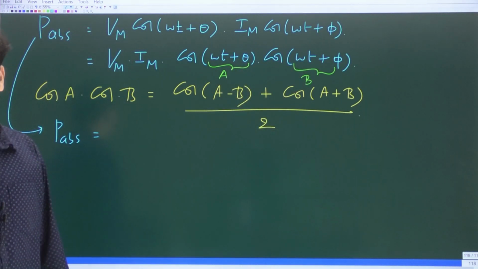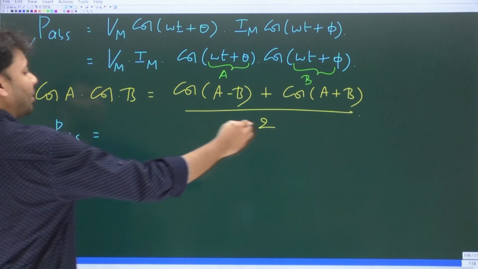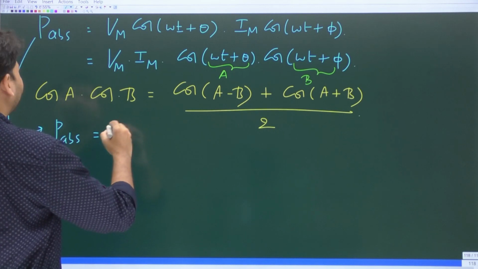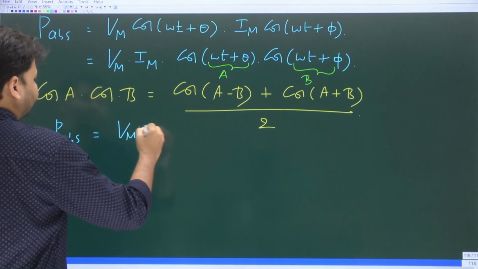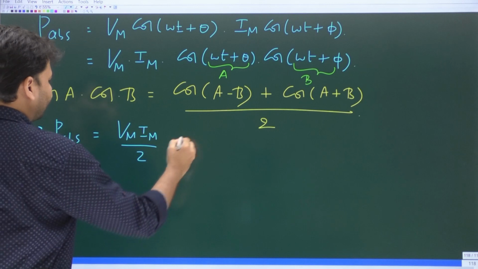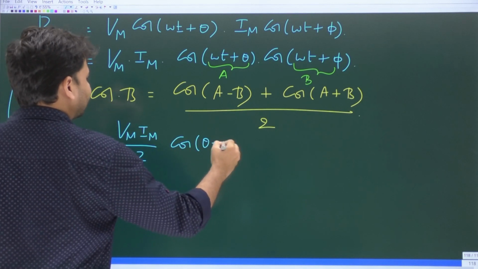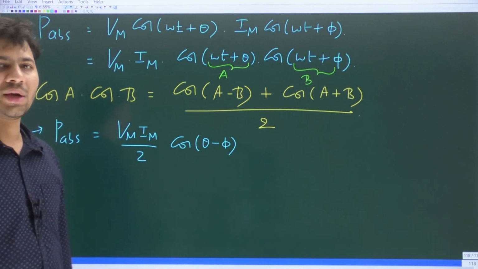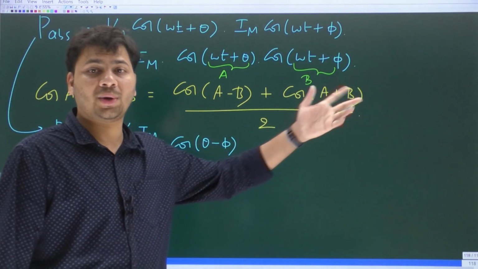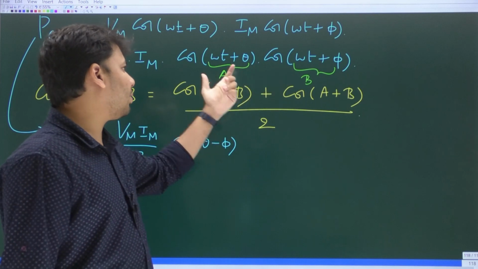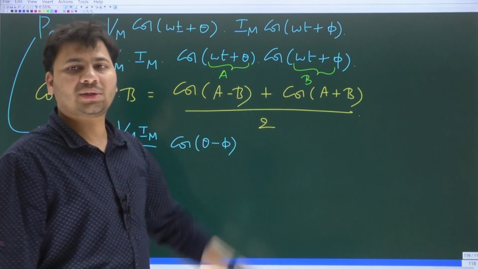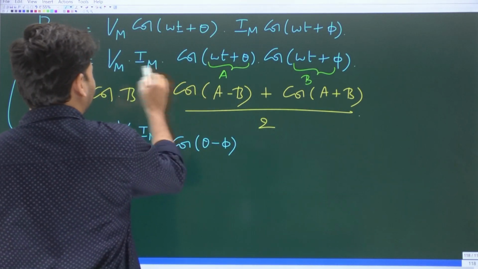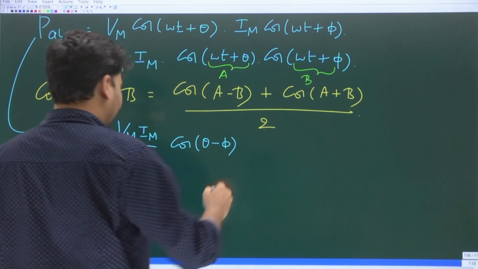You will get theta minus phi. Remember, you also have this 2 in the denominator. So it will be Vm Im by 2 times cos of theta minus phi. This is the first term. What about the second term? Second term is cos of A plus B. When you add A and B, won't you get 2 omega t plus theta plus phi? And then you also have Vm Im and this 2 factor.